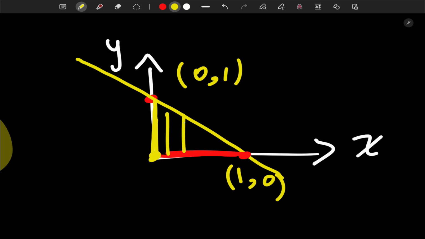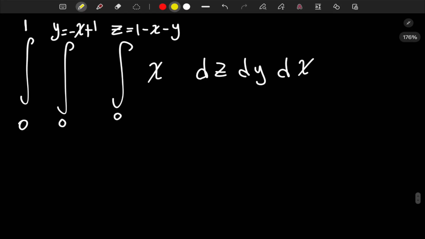Could be here, could be here, could be anywhere. So we just write it as variable y equals minus x plus 1. So that's how we write the integration plus the limits. Then we solve to get the final answer, which is the volume.